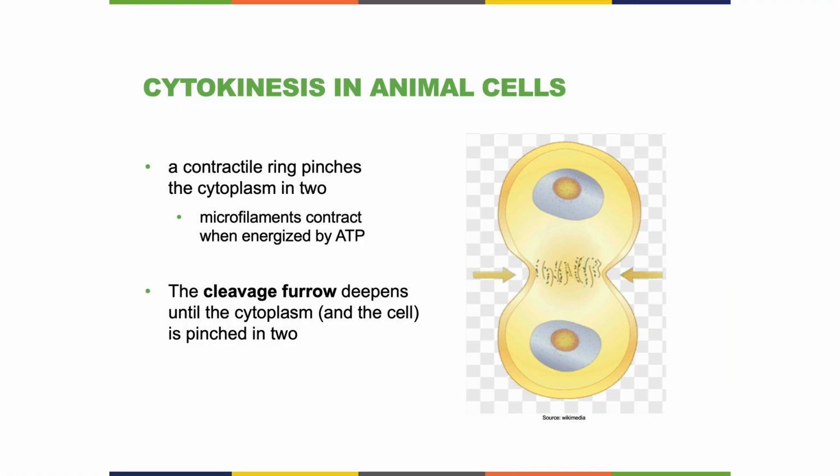In an animal cell, protein fibers around the middle of the cell are going to pinch together. It's like if you've ever taken a long, thin balloon and twisted it in the middle to make two pieces, same kind of thing is occurring. You're pinching it in half. And as that cleavage furrow deepens, eventually that big cell is pinched into two.